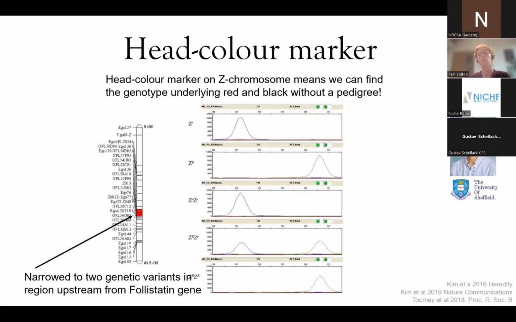The final step was to look at the effects of selection on head color. To do this, we found the gene that was involved in head color, and we tested all of the wild birds and all of the domesticated birds for this head color gene.